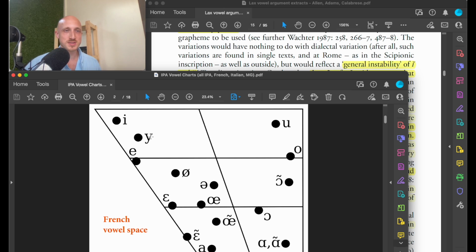In particular, up here in the close front section of the chart, it has this U. It has another phonemic vowel that's real close to the A and the E. Now, the result of that seems to be that the French normally, this is mostly anecdotal, when the French speak English or Italian, their E sound tends to be quite a bit higher, quite a bit more close sounding than in Italian or English.